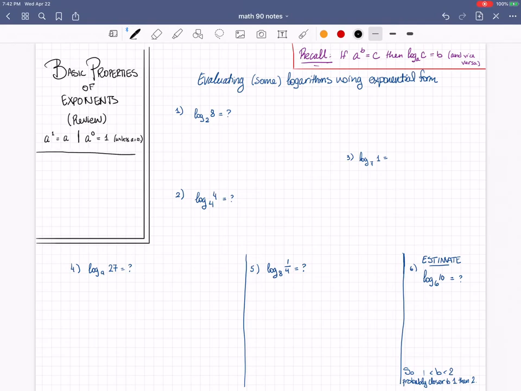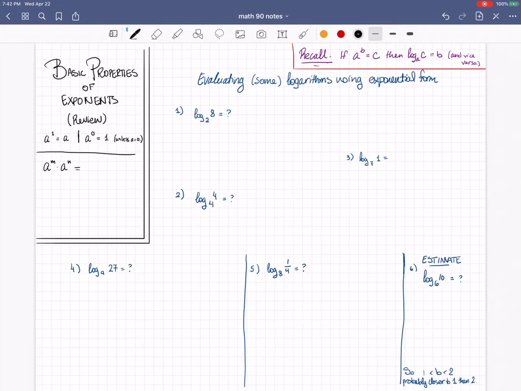Beyond these two basic introductory moments, I want to remind you of 3 properties of exponents that we're going to be using intermittently and all the time. If you remember them from past experiences, feel free to say along with me what the property is.